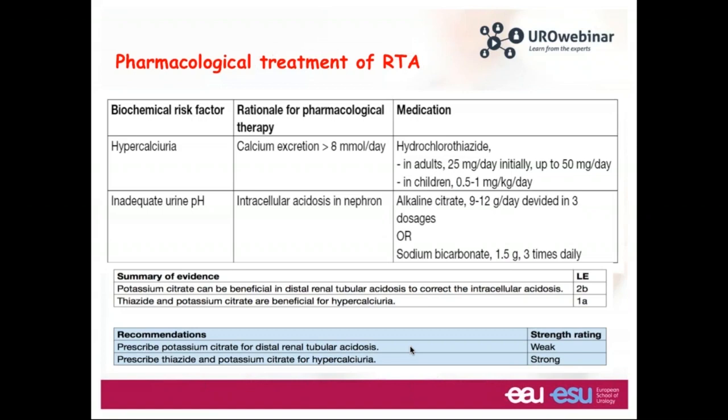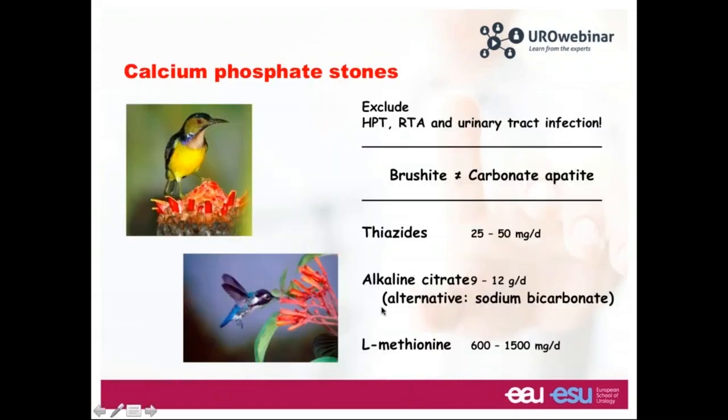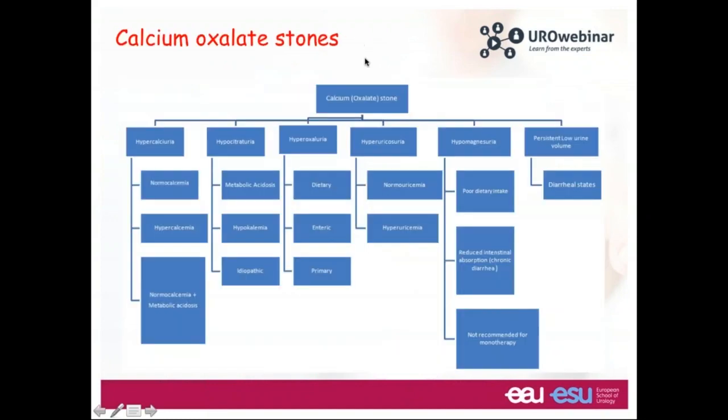So about the calcium phosphate stones, you have to remember only 3 medications: the thiazides, the alkaline citrate, and L-methionine. And you have to exclude hyperparathyroidism, renal tubular acidosis, or a urinary infection. Remember that the brushite stones are different to carbon apatite stones.